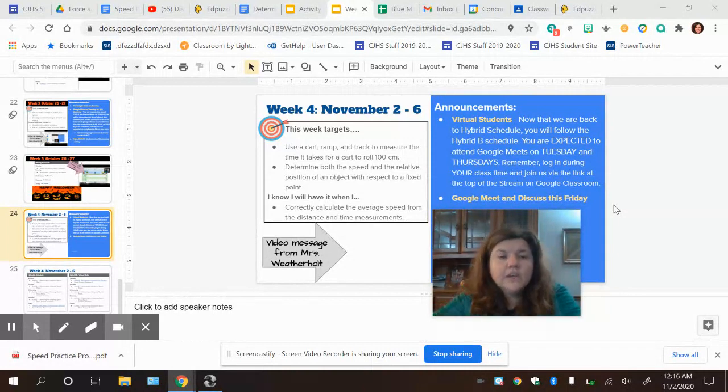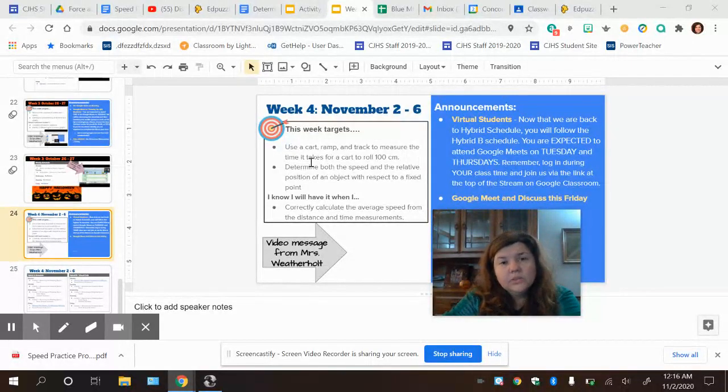All right. So this week, what we are going to be doing is using a cart, ramp, and track to measure the time it takes for it to cover 100 centimeters. And then by doing that, we're going to calculate the speed of this cart.